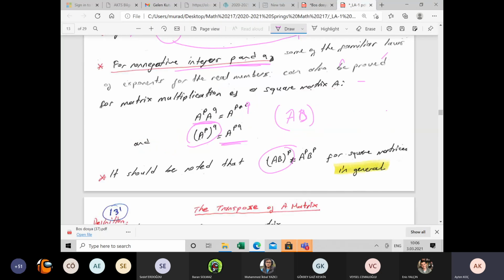So look at this one. We know that multiplication is associative.